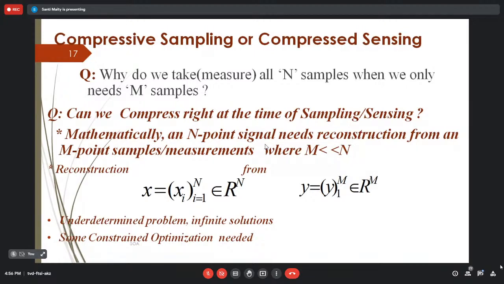So during capturing, you only capture m-point data. That is essential because in many situations, for example, medical MRI imaging, it is a very slow process. It takes 40 minutes, and keeping a pediatric patient or an old person still for this longer duration during data acquisition is very difficult.